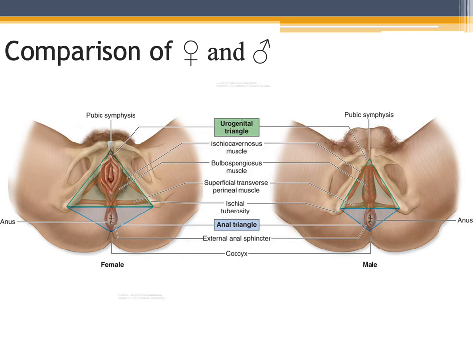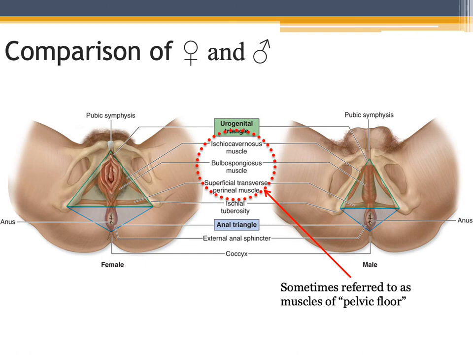Within the urogenital triangle, there are three distinct muscles which make up what's referred to as the pelvic floor muscles. These include the ischiocavernosus muscle, the bulbospongiosus muscle, as well as the superficial transverse perineal muscles. These muscles will form the base region for the penis for the male and will provide the pelvic floor muscles that surround the labia for the females.